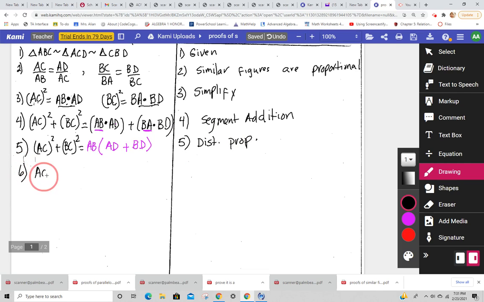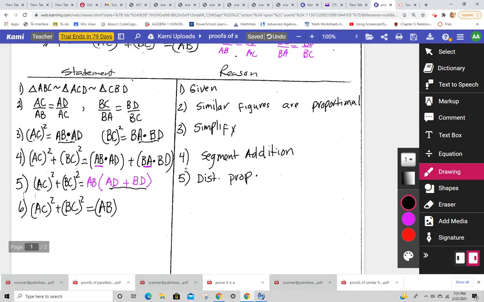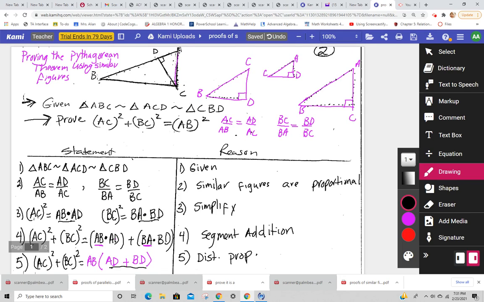All right, so now we have AC squared plus BC squared equals AB. Now let's see if we can use substitution for this part right here, AD plus BD. This is the segment we're talking about.